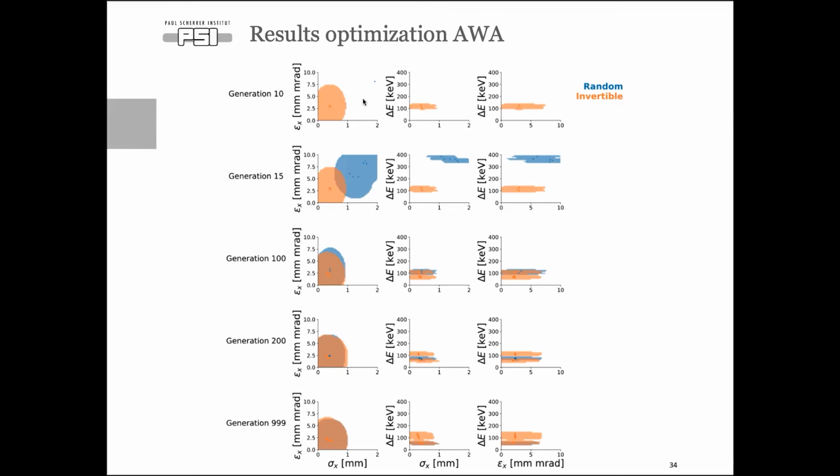And what we see here is that the optimization initialized with the invertible model converged already almost after 10 generations, whereas for the random initialization optimization, it takes more than 100 generations to be at the same optimal configuration.